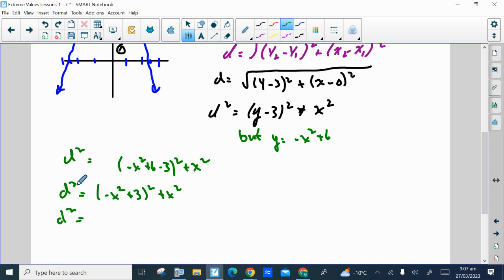And so I can square out that binomial. I will get negative x to the 4th minus 6x squared plus 9 plus x squared. So d squared will equal negative x to the 4th minus 5x squared plus 9.